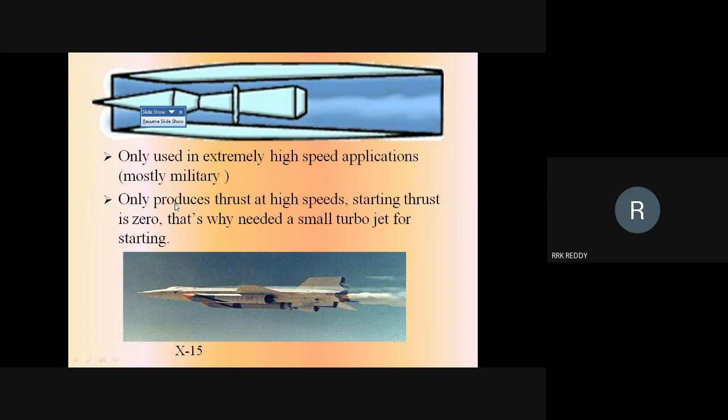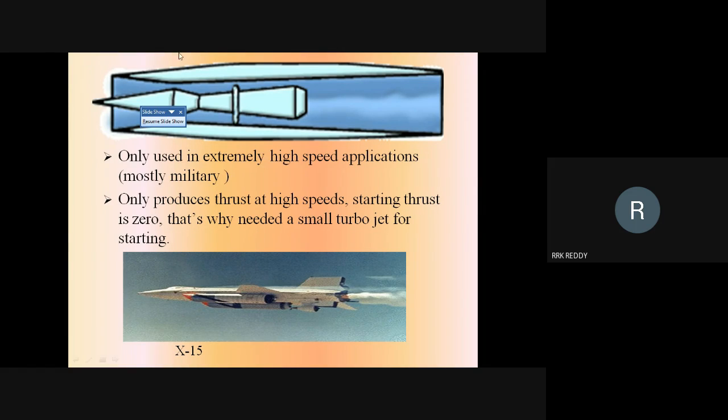But the major disadvantage of this engine is that it is not self-starting. When the aircraft is traveling at say 1000 kilometers per hour, the opposite airspeed is also 1000 kilometers per hour, and air enters the diffuser section at that speed.